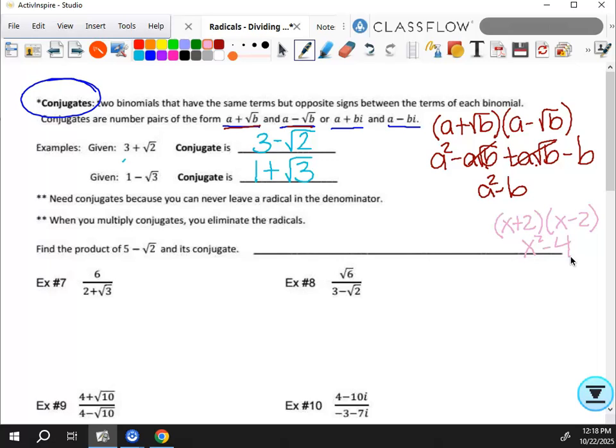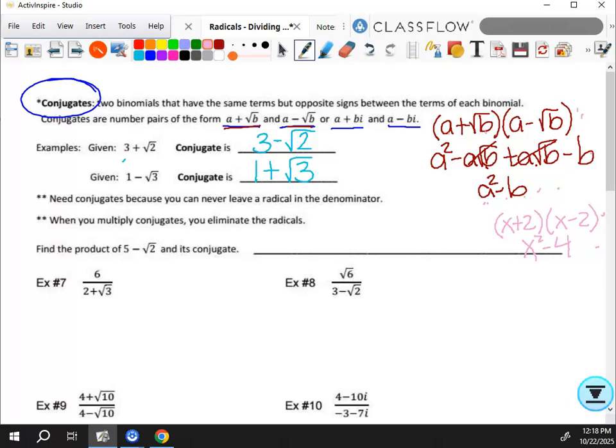Or if you factor it, x squared minus 4 factors into this. Do you see how this is the same thing? And we can skip that step right there. When you're multiplying a difference of squares, you square the first term, then minus, and you square the second term. So here, that's what we did. We squared the first term, minus, and then you square the second term. Okay, so you don't have to actually FOIL it every time.